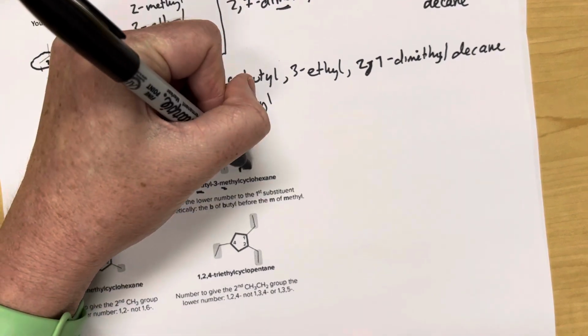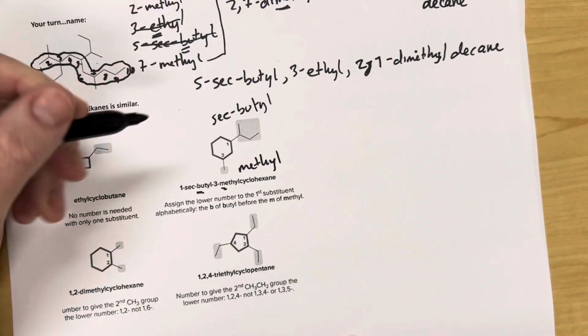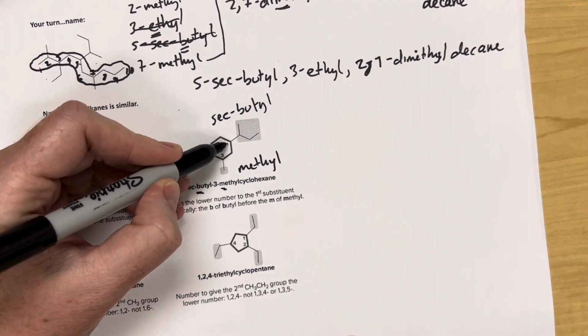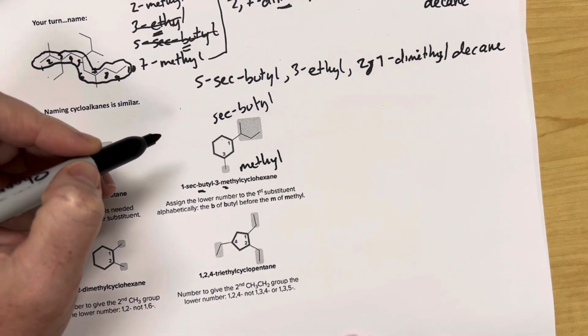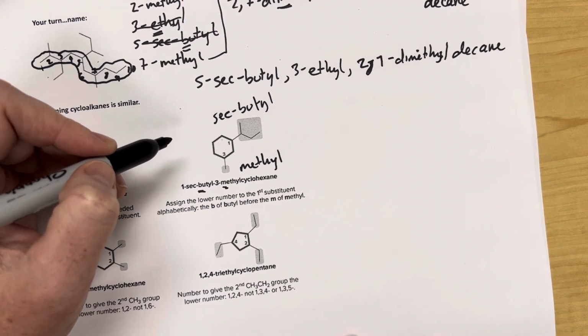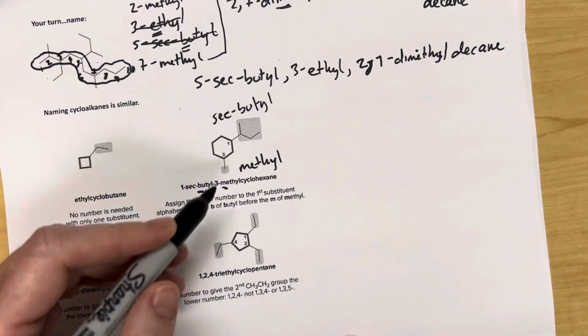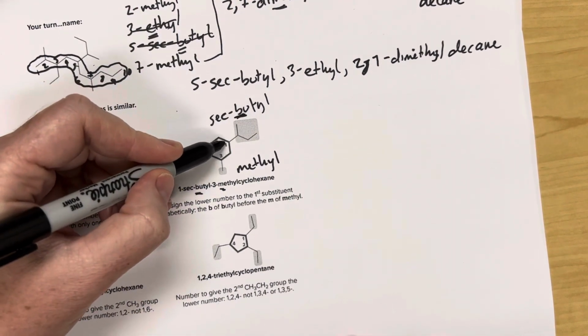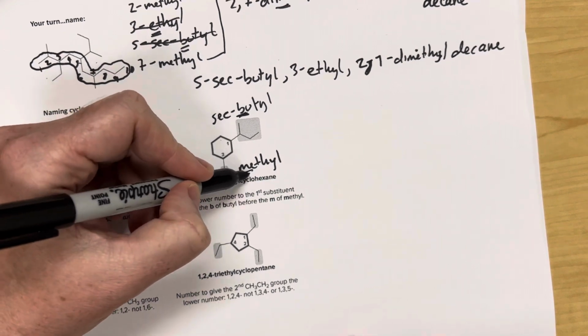And this is methyl. I could have just as easily started with a 1 here and then gone 2 to 3, but we want to keep all rules consistent, right? So that you don't get 2 names of the same molecule. So that's why you started with the 1, because this one had a B, it came first alphabetically, it got the 1, then a 2, then the 3 here.